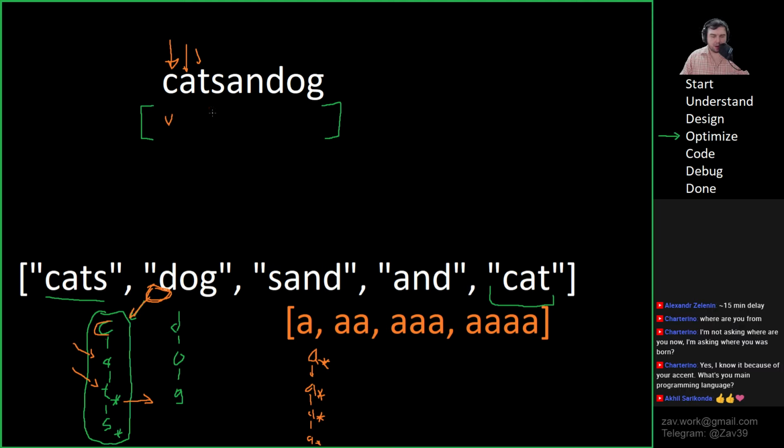Originally I mark not the T, but the next letter after T, like this. It means that we can start from the next letter. Then we go to the next letter, S. We also have S here, so we have a result. So we mark the next one also as existing.